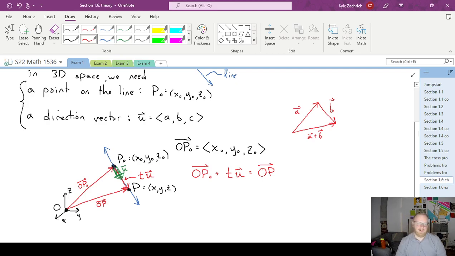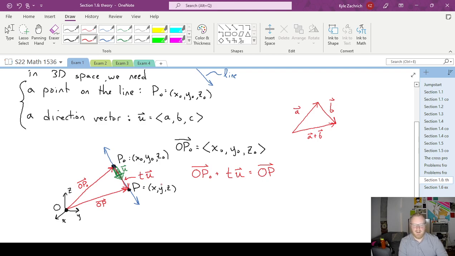Okay. I promise the equation is easier once you get everything together. But I just want to be super clear about where this is coming from, because it's going to be important to think about changing this t value later on.